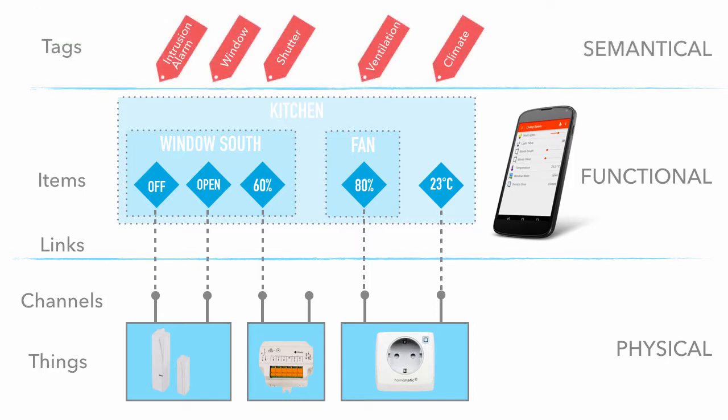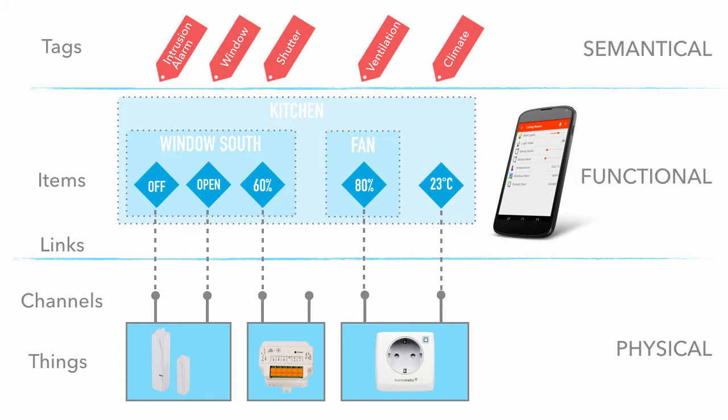On top of the functional level, there are the so-called semantic tags. These are now the last W, which is the purpose. So by adding tags to your items, you can specifically define the purpose, what you are actually using that for, and this information can be used by rules, by predefined use cases to automatically determine whether some item should be used or shouldn't be used for that use case.